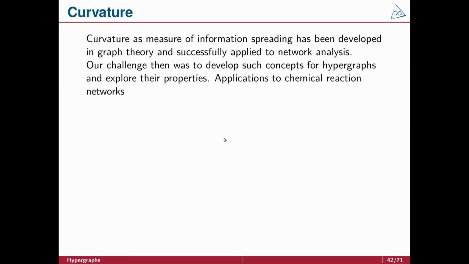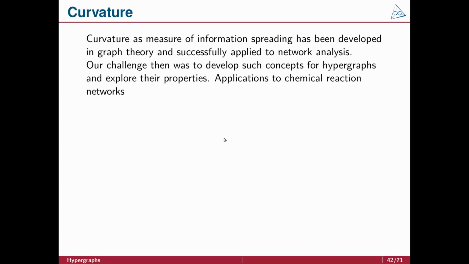And curvature notions have also been developed in graph theory. Again, maybe curvature is not really a very good word there because, in which sense is a graph or a hypergraph curved? We just speak about curvatures because they are generalizations of concepts developed in Riemannian geometry.